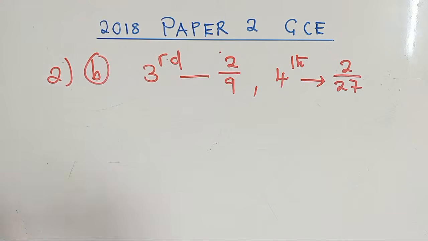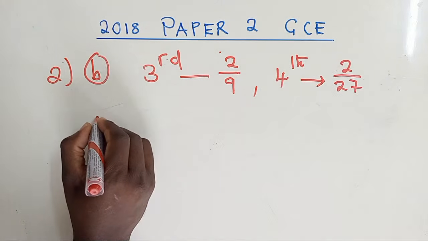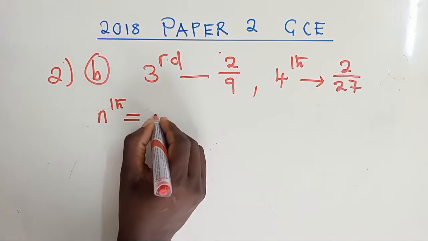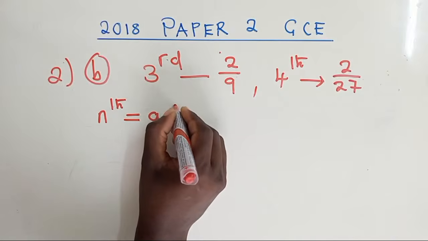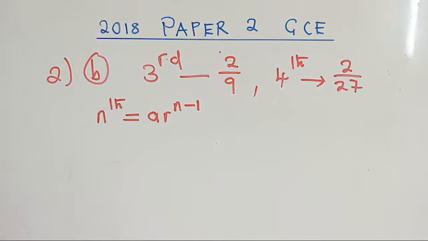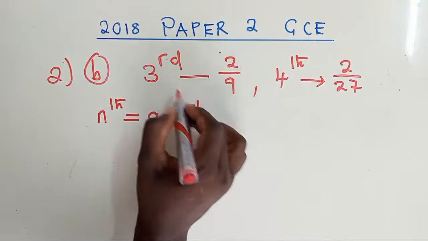All right, so with our data here, all what we need to do is to write the nth term formula. So the nth term is equal to a r power n minus 1. So this is the formula that we are going to rely on throughout to find the first term and the common ratio. So what is our third term?